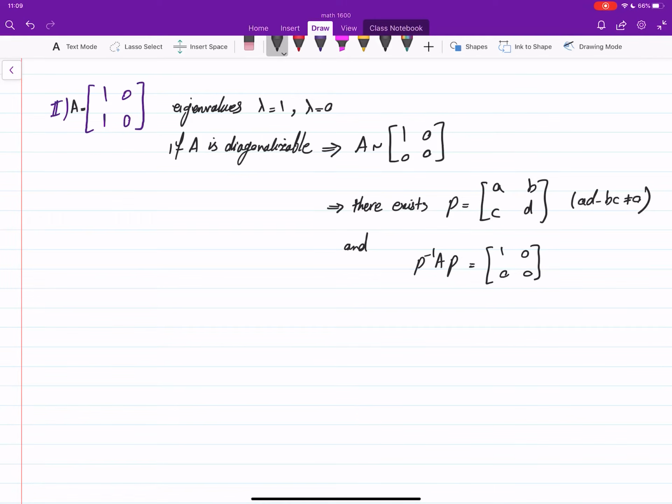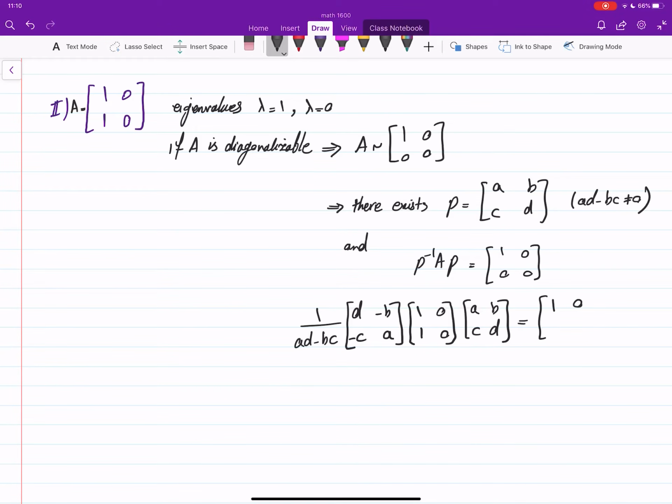Well, I can do all the work here. Because this is a 2 by 2 matrix, I know how to find its inverse. It's 1 over ad minus bc. Interchange the main diagonal entries, multiply the off-diagonal entries by a negative sign, and then this will be 1, 1, 0, 0, and here this will be a, b, c, d. This must be equal to 1, 0, 0, 0. Well, do the product.